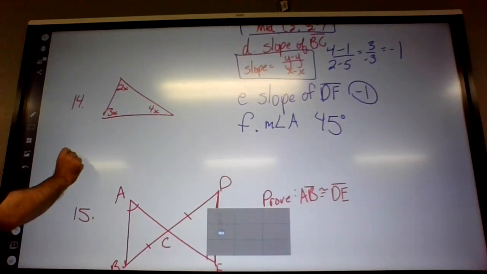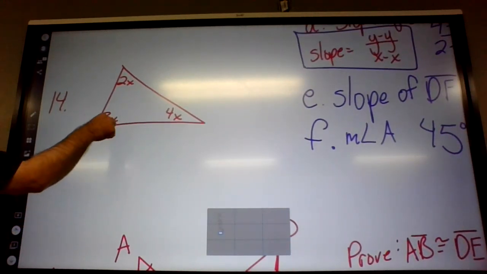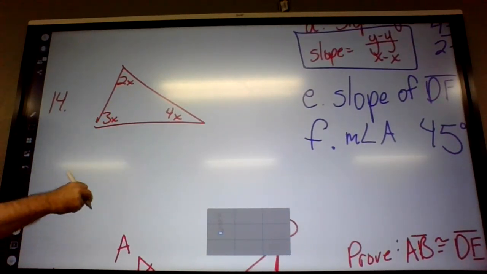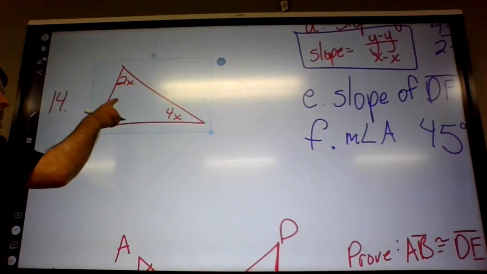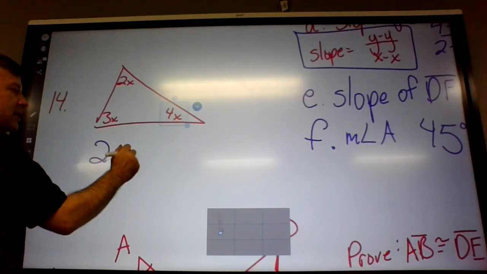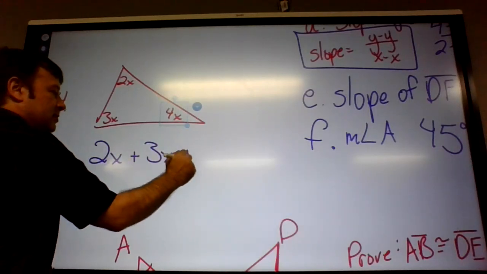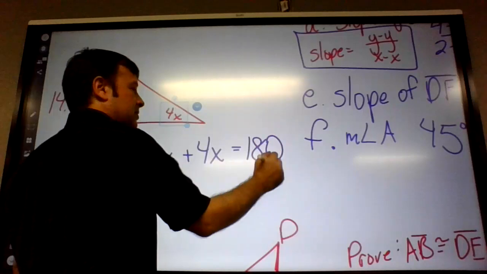All right. Number 14, this probably should have been more towards the beginning of the test, but how do we find x here? What do I know about these three angles? They add up to 180. So 2x plus 3x plus 4x equals 180.